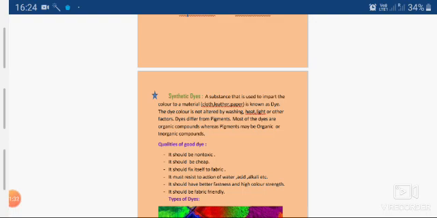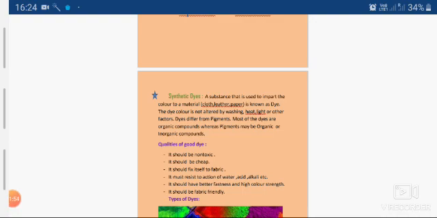So, a dye is a substance that imparts color to the material. The material may be either cloth, leather, or paper.